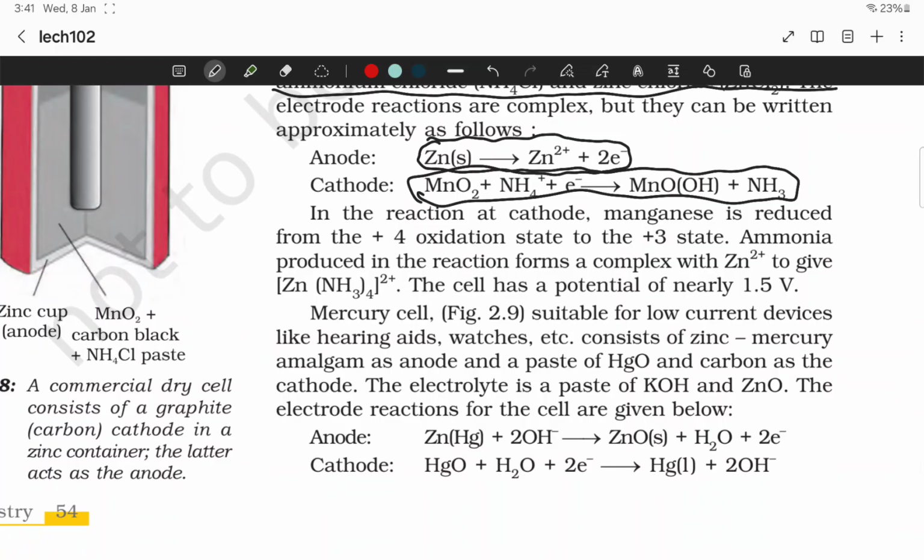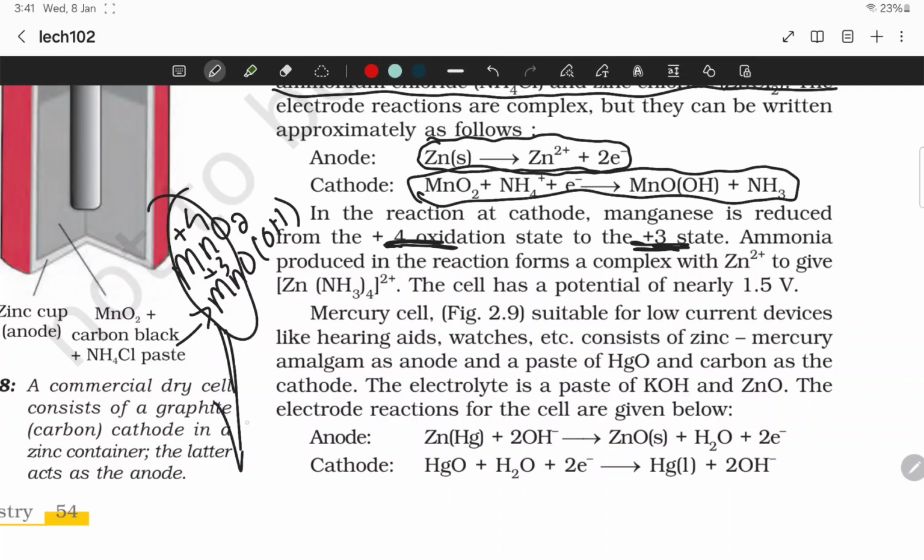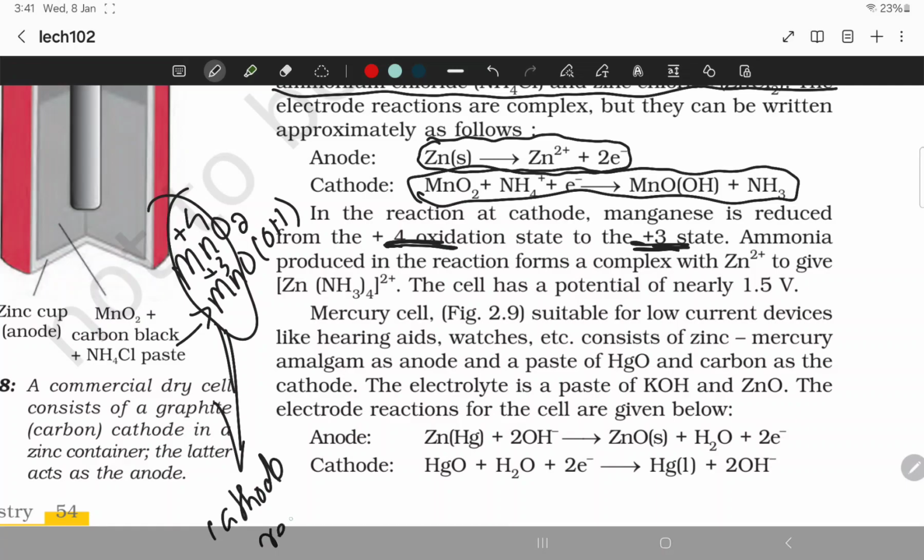At the cathode, manganese is reduced from the +4 oxidation state to +3. MnO2 to MnOOH: OH is minus 1, so here it is +3, and here it is +4. So reduction is happening at the cathode.